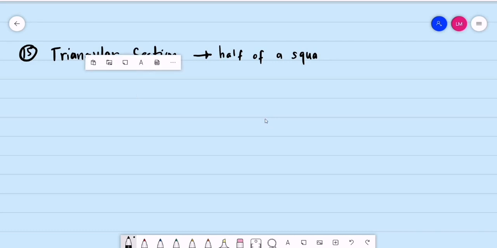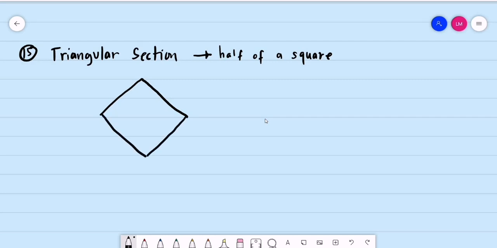So for example, we have this square, but this square will be rotated with respect to the horizontal at 45 degrees. So the rotation of this square will be 45 degrees with respect to the horizontal.